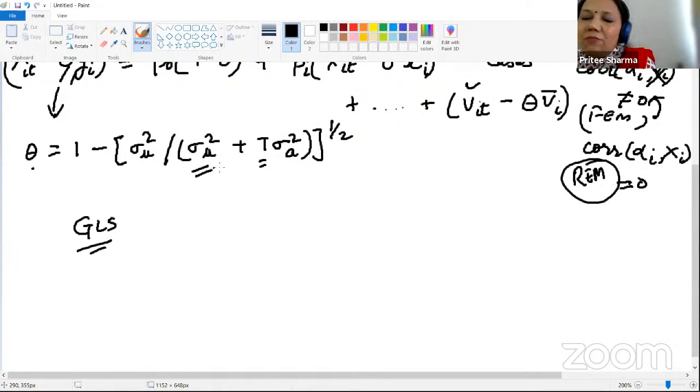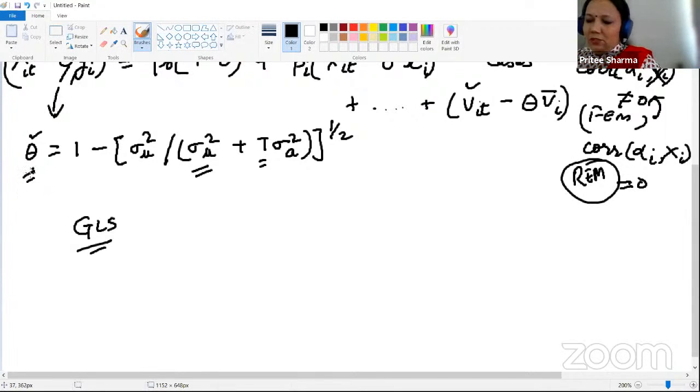So after estimating the value of theta, we are going to apply simple GLS on this model, and this is what concludes it. We also need to know that theta will range between 0 and 1.